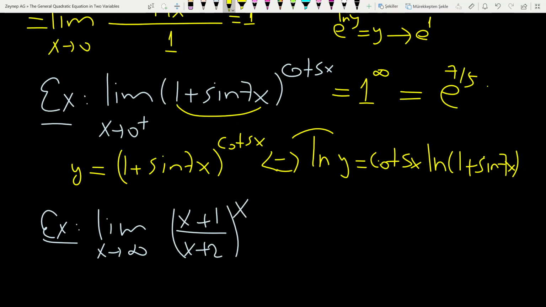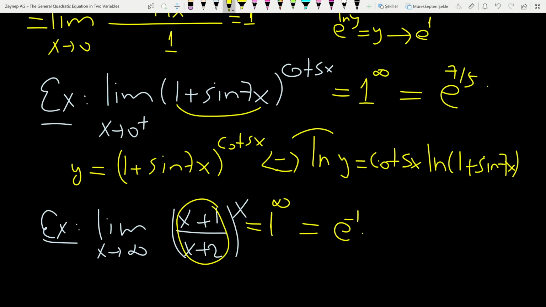When x tends to infinity, you see that this expression goes to 1 and the power goes to infinity. So you have 1 to the power infinity, a type 3 indeterminate case. So you have the same idea actually. If you use the same procedure, you will see that the answer is e to the power minus 1.